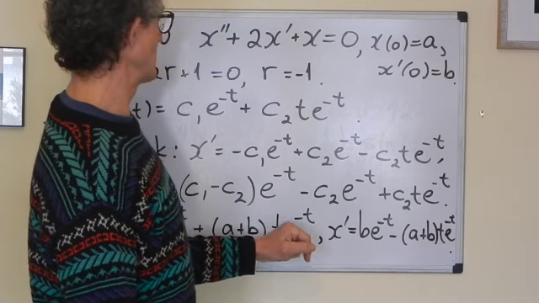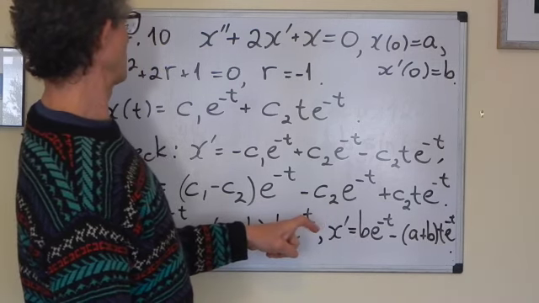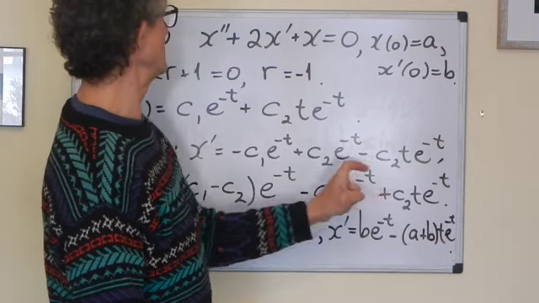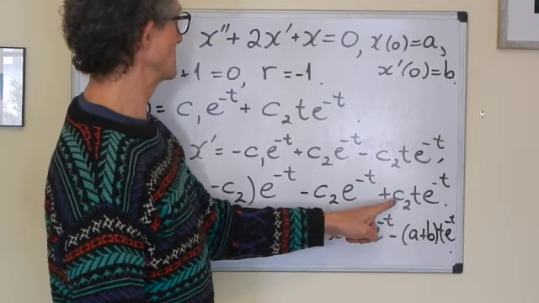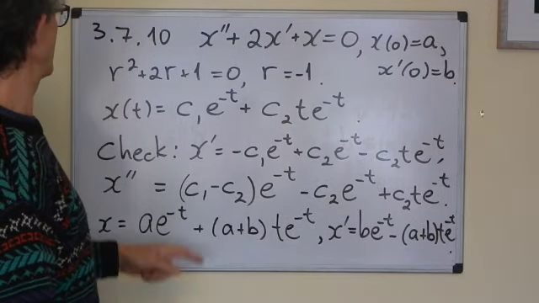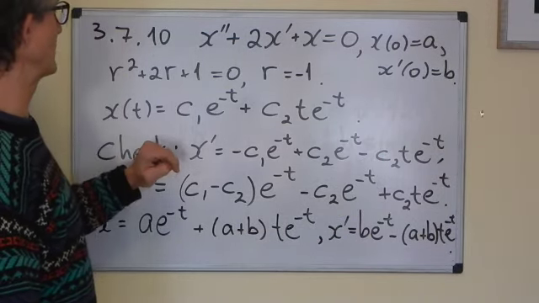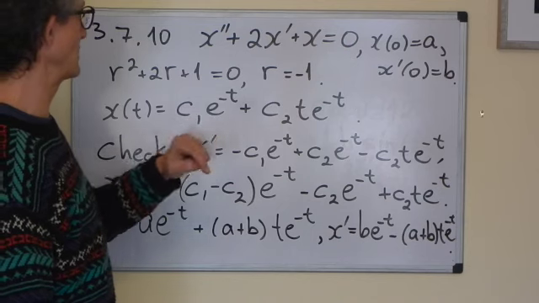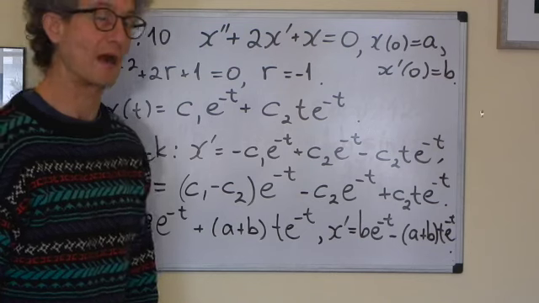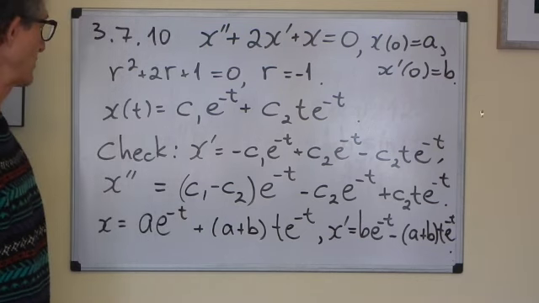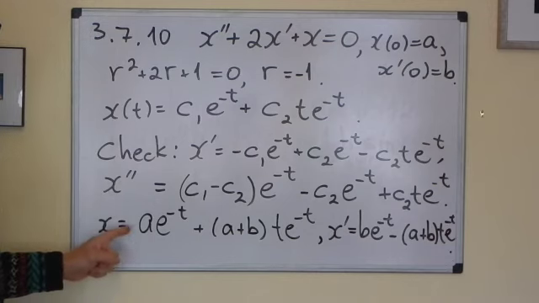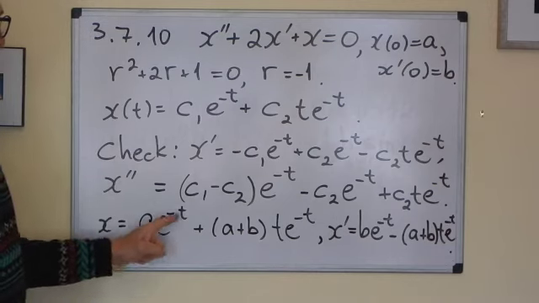And then minus 2 c2 t plus c2 t is minus c2 t, and then when we add this, we get c1 e to the minus t again back, and the c2 t e to the minus t back, and so that is in fact 0.